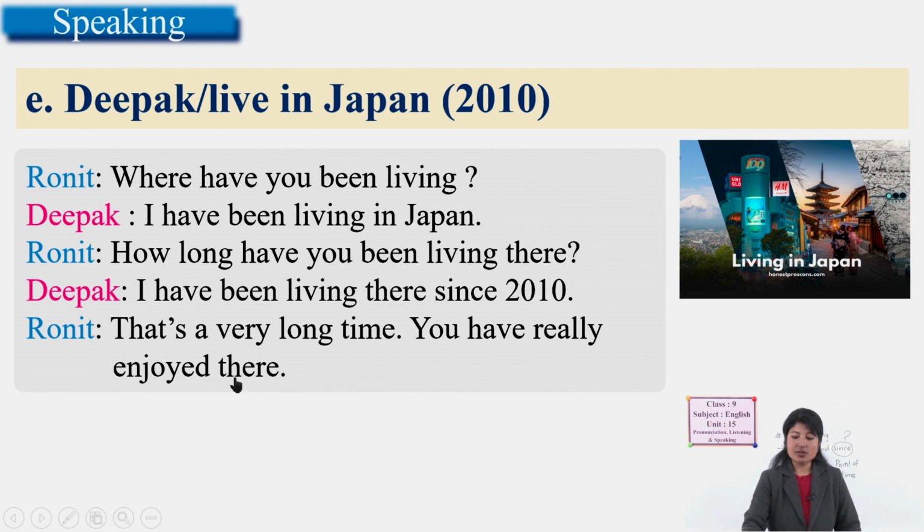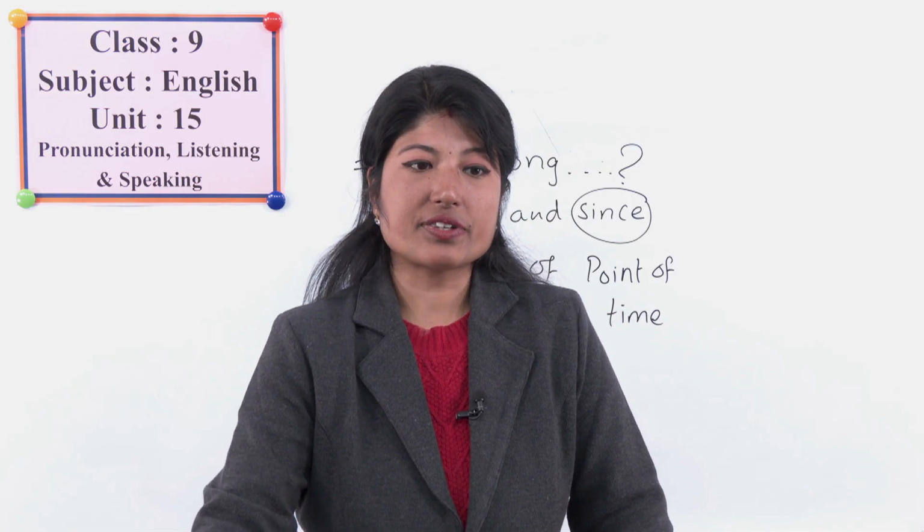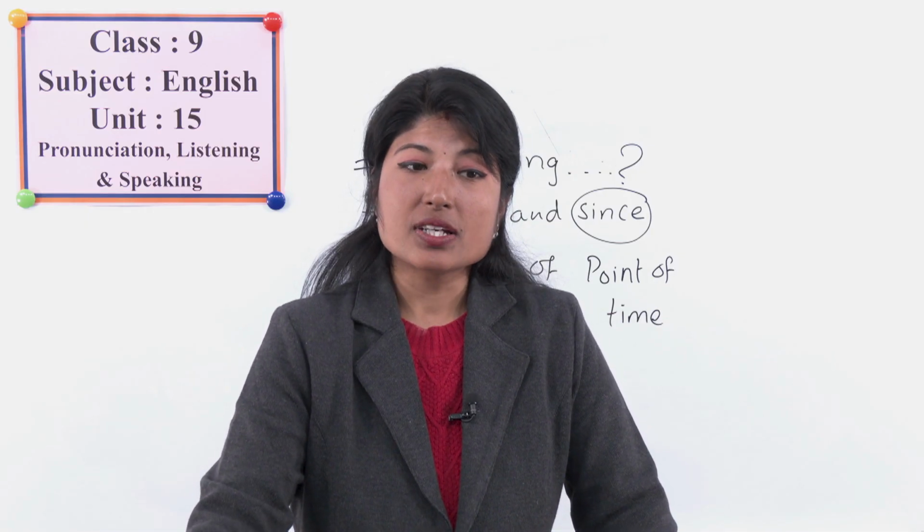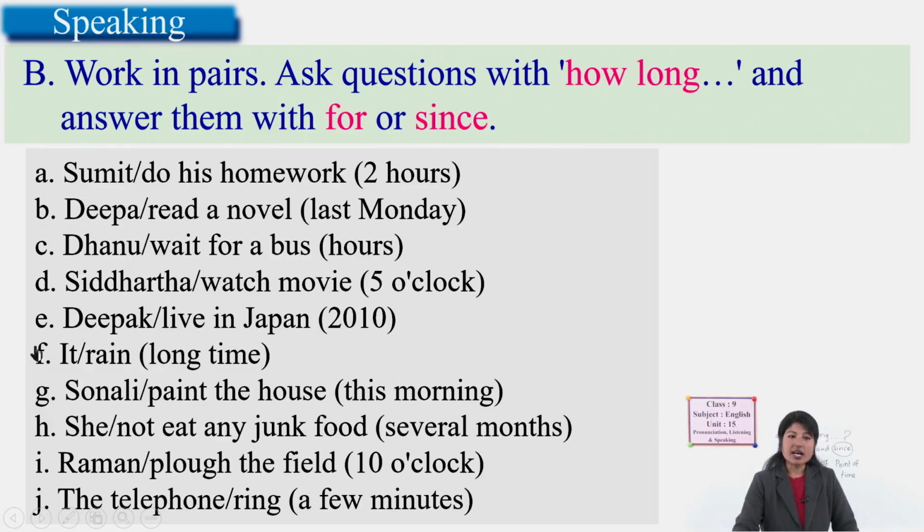Okay, so with this we have done up to number E. What you need to do is F, G, H, I and J. The remaining numbers you have to do the way we have done up to E. Please continue in the same way.